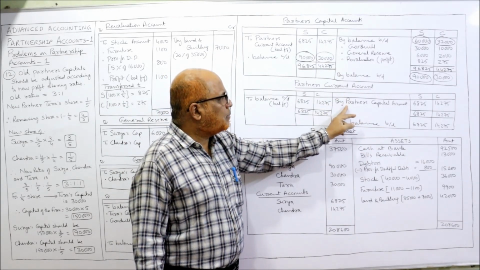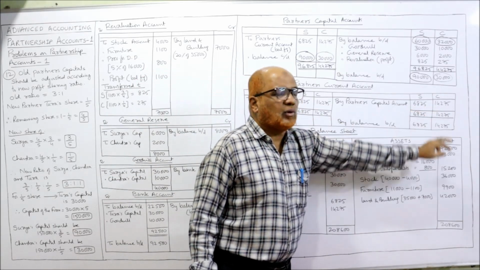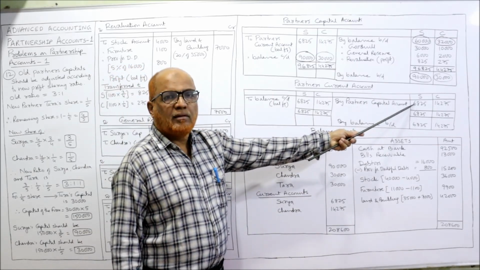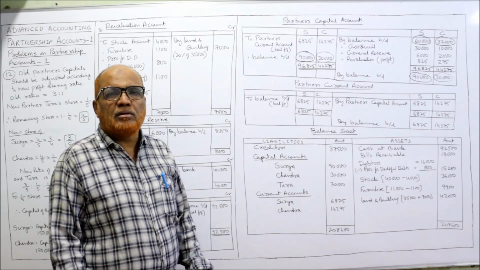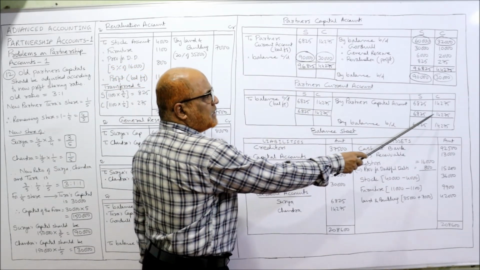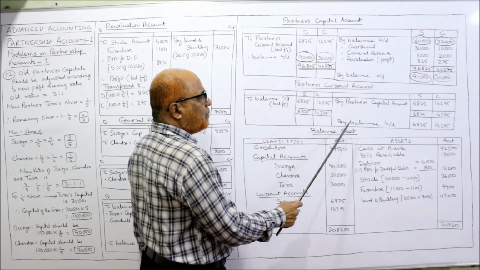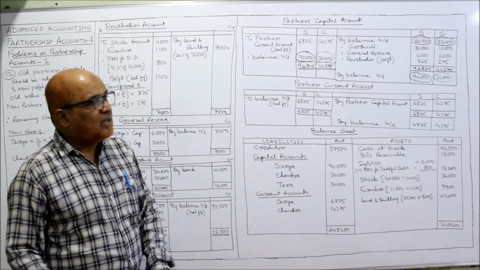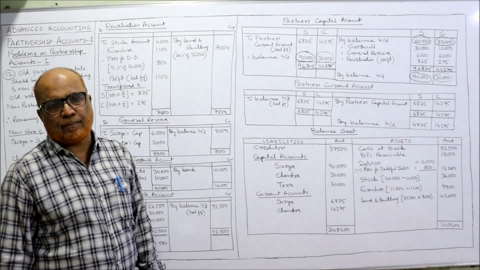So current account by partners' capital: 6,825 and 14,275. Now simply take the balancing figure, with no other adjustment in the current account. Take the same total, balance carried down, and balance brought down 6,825 and 14,275. Now this balance will appear in the new balance sheet. That's all.